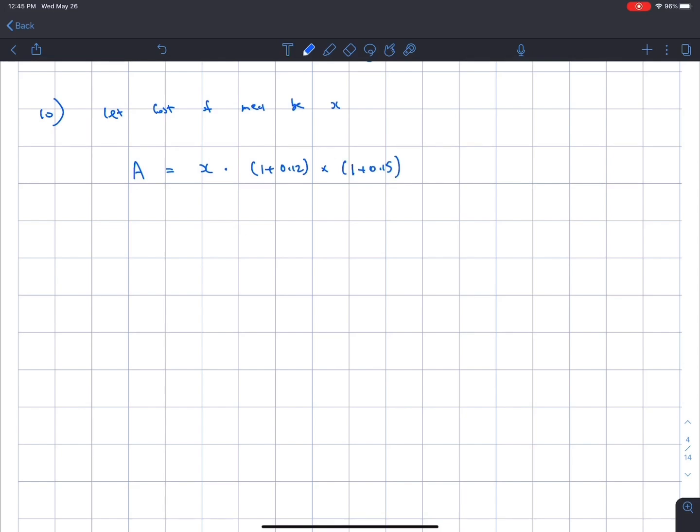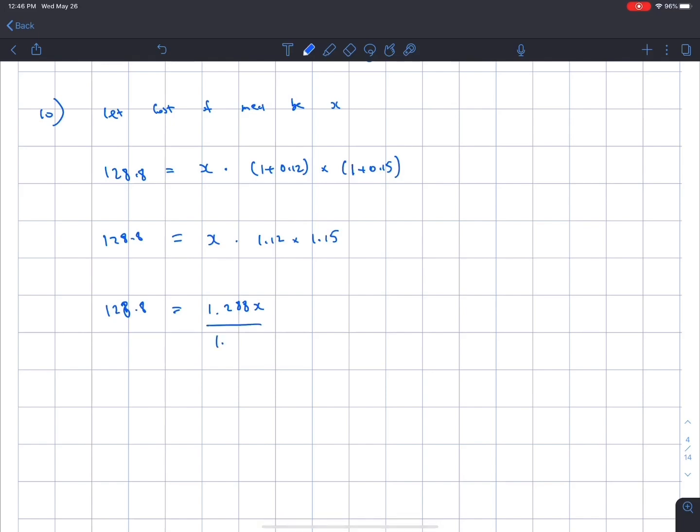And we also know that A is 128.8. So now we just need to solve this. This is X times 1.12 times 1.15 equals to 128.8. So 1.12 times 1.15 is 1.288, so 1.288x equals to 128.8.